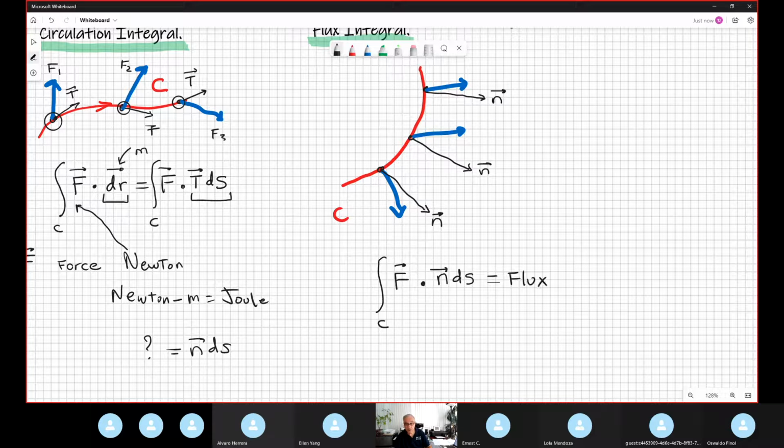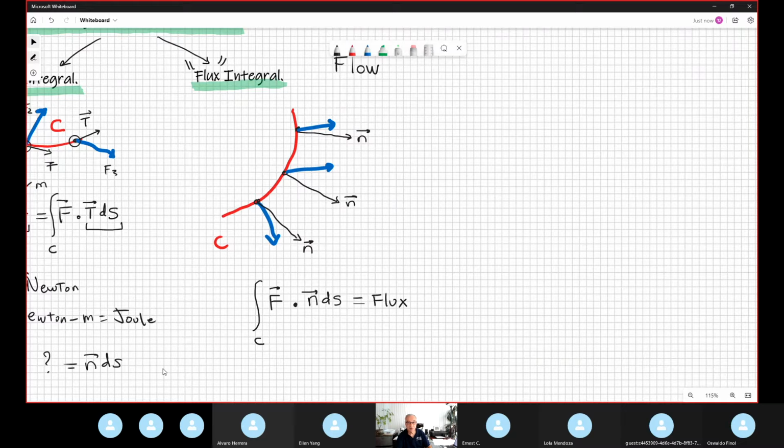Okay, and the flux depends, in my opinion, on three things. Number one, the vector field, because the vector field is a source or sink, depending on the direction. It is the strength of the flux.